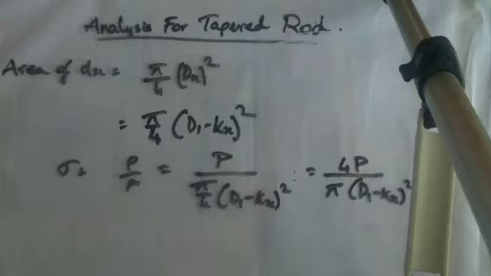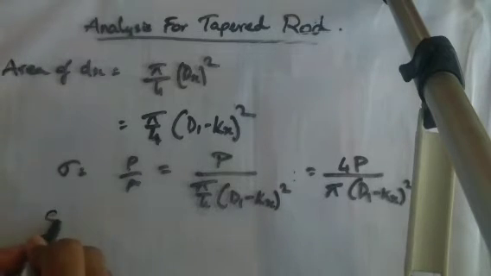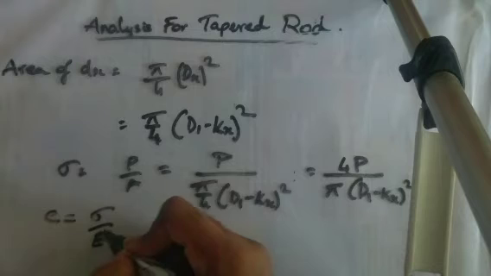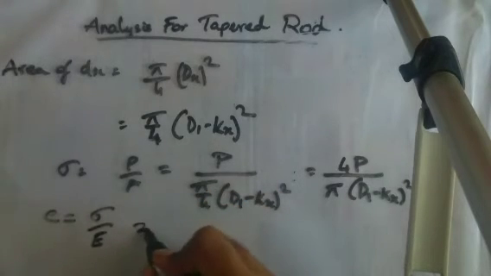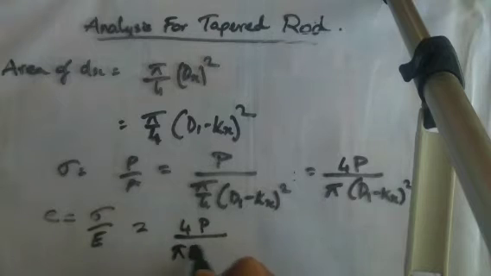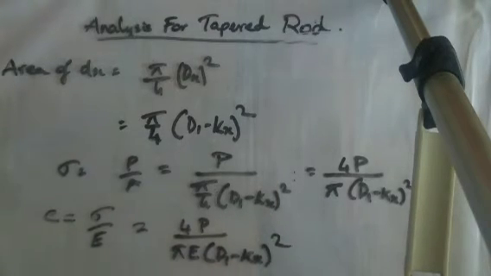This is the expression for sigma. Then what is strain? Strain is stress by Young's modulus, so it is 4P by pi E into (d1 minus kx) the whole squared. This is the strain at the section.